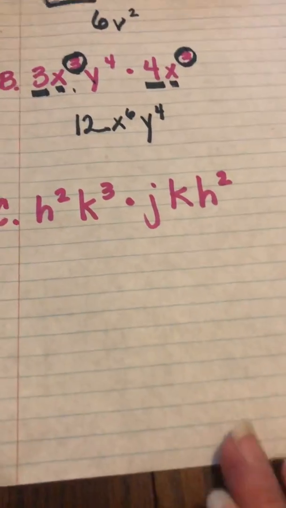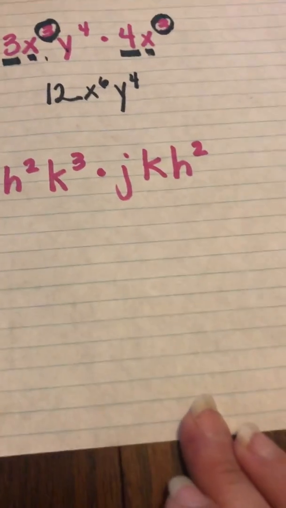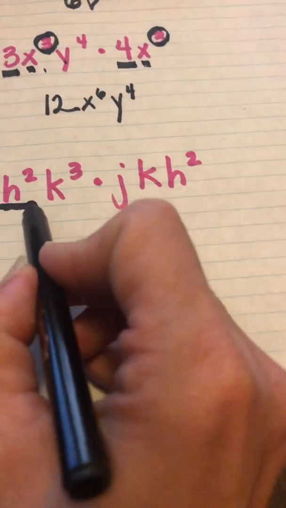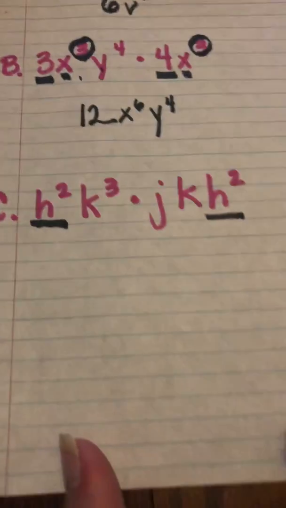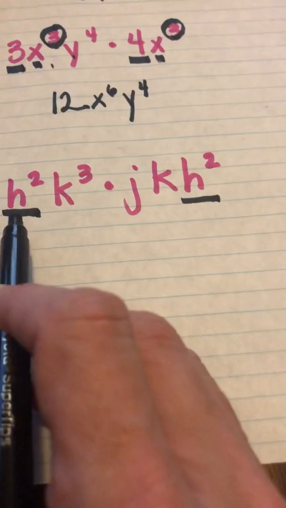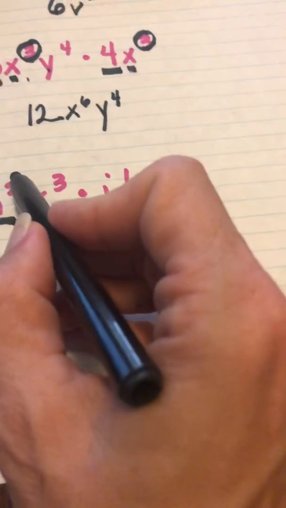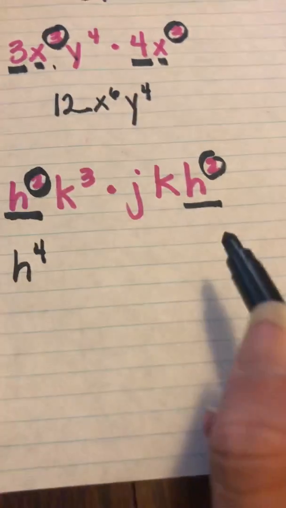Okay, on letter C. I'm looking for the bases that are the same. I have h to the second power, and I have h to the second power. There's no numbers or integers to multiply together like we had up here. All I see are variables. So again, my h and my h, I'm going to take my powers, 2 and 2, and add them together, and I get h to the fourth power.